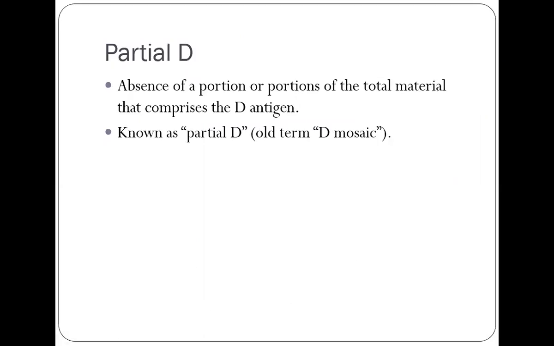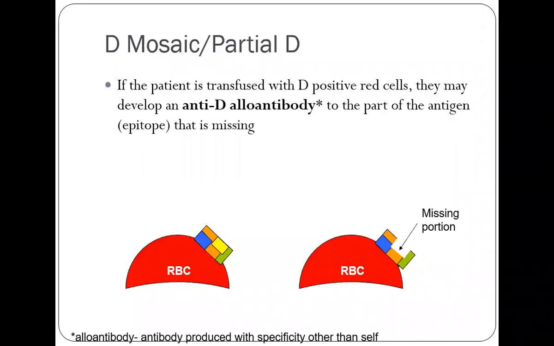And our partial D, like I was talking about, here's a nice picture that shows the difference. Down here, you'll see this is a normal D antigen site with different epitopes or binding sites. And then here's your red blood cell, but all of a sudden, uh-oh, we're missing a portion. And this missing portion can make it more difficult for us to pick up the expression of the D antigen.